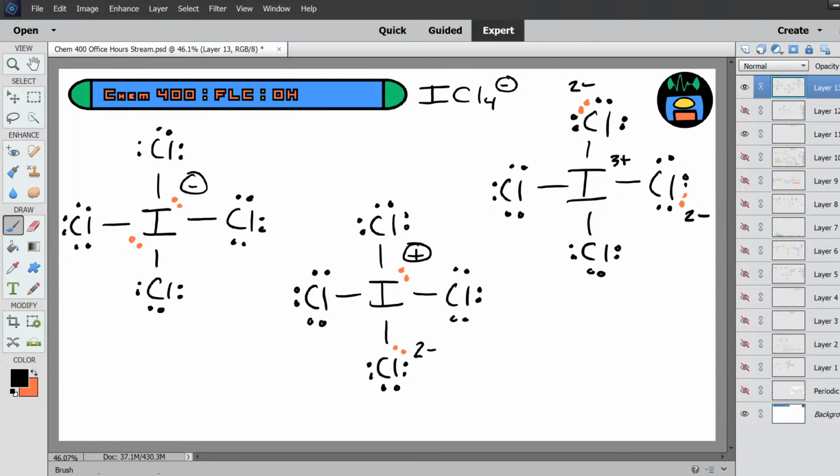And as it turns out, chlorine, bromine, and iodine are all really bad at forming double bonds. I should say multiple bonds.